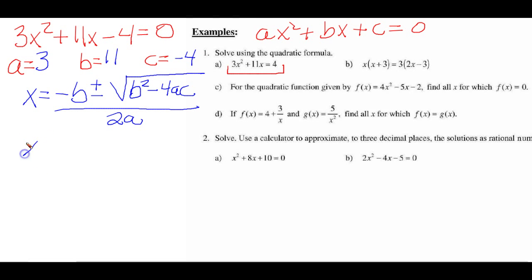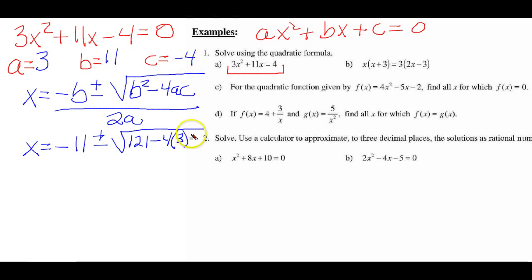So let's do it. X equals, now in the formula there is a negative, so we have to put that negative there. And then what is B? B is 11. Then we go plus or minus the square root. Now B is to be squared, so I'm going to put it right in there, 121, minus 4, and put these in parentheses so you really know what you're dealing with.